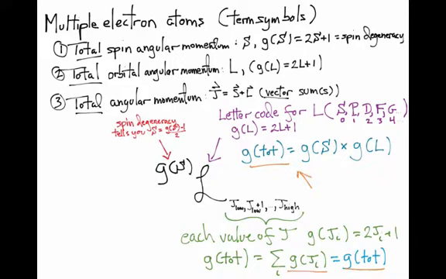Now that's also a total degeneracy, and in fact they have to be the same. So that has to be equal to that total degeneracy up there that we got by multiplying g of s times g of l. Okay? So that is a check.